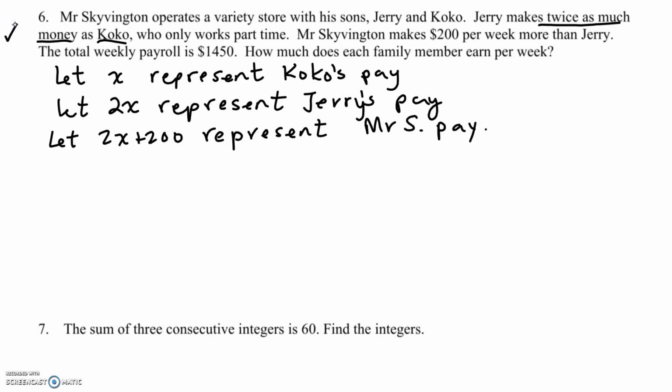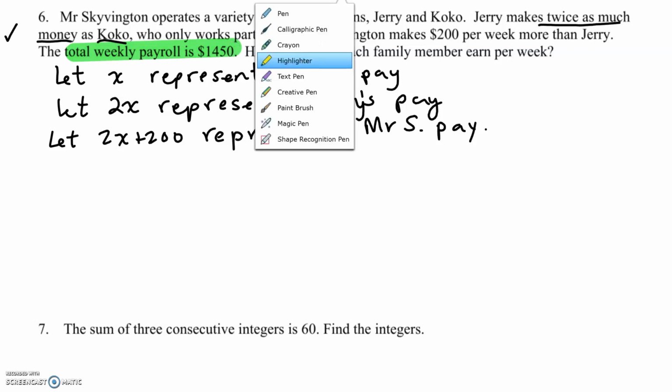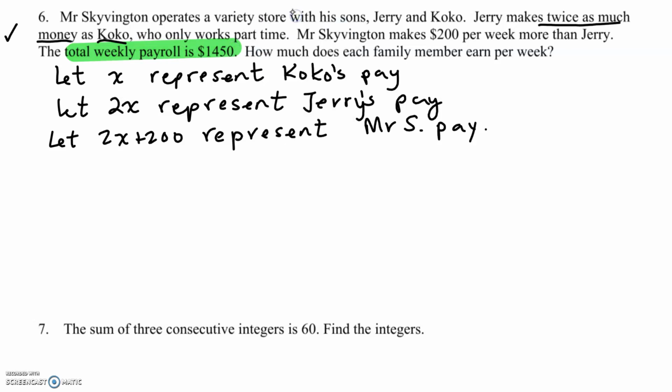So the next step now is to write my equation. It says here that the total weekly payroll is $1,450. So that tells me all their pay added together has to equal $1,450. So that means X plus 2X, that's Coco's plus Jerry's, plus Mr. Skivington's, which is 2X plus 200.